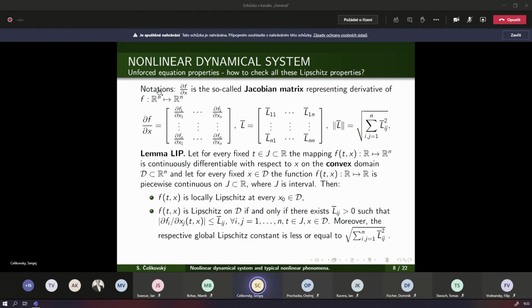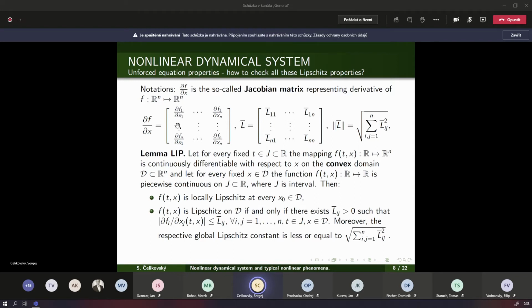So before going further, we will often use the so-called Jacobian matrix of the right-hand side. So this is just notation. We have this right-hand side, which is a column vector of functions, f, having components f1 up to fn. So the Jacobian matrix we compute simply in such a way that this is a matrix.